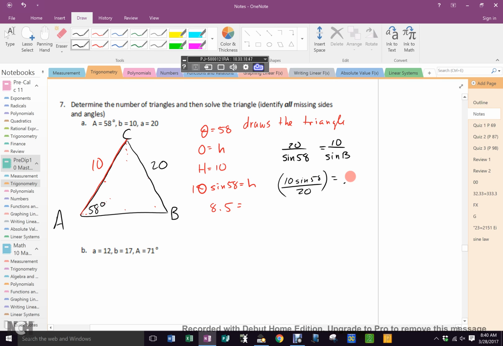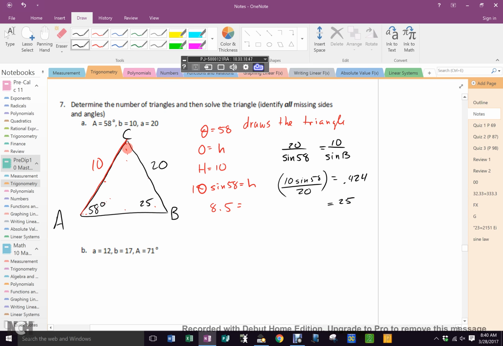That's going to give you 0.424, isn't it? Is that an answer? No, you got to shift sine that to get what? 25. Right? So now I know B is 25.